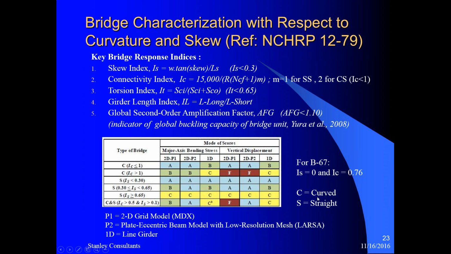Here C is for a curved system, S for a straight system. And 2D P1 is a 2D grid model of MDX program. P2 is a plate and eccentric beam model we just looked at briefly. It's a LARSA program. And 1D is the line girder analysis.